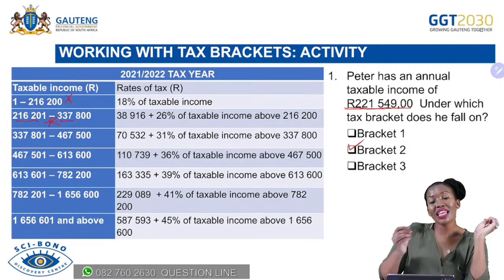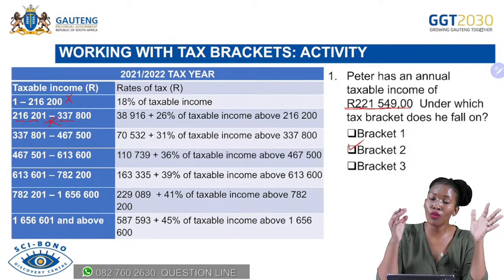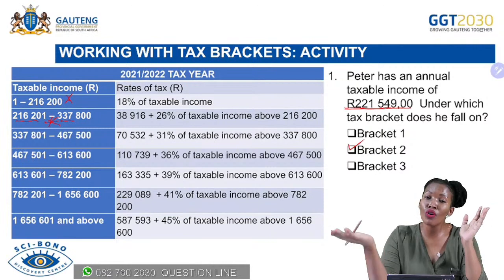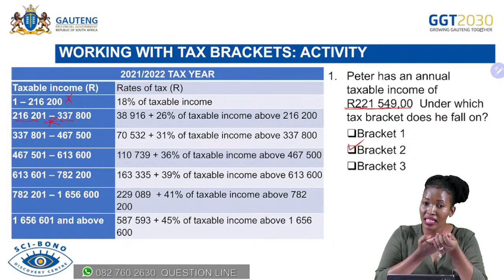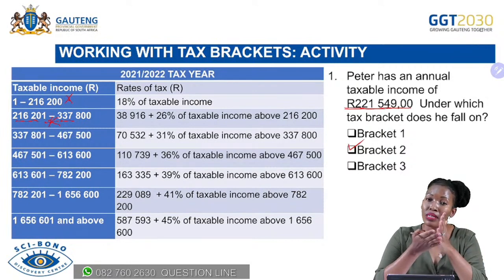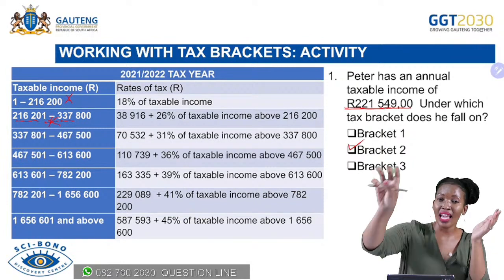And then your retirement annuity fund works also the same way. It's mostly for people that are working maybe in the private sector, where the employee contributes a certain percentage of their income, and then the employer also contributes a certain percentage of the employee's income, and that money goes into the fund.